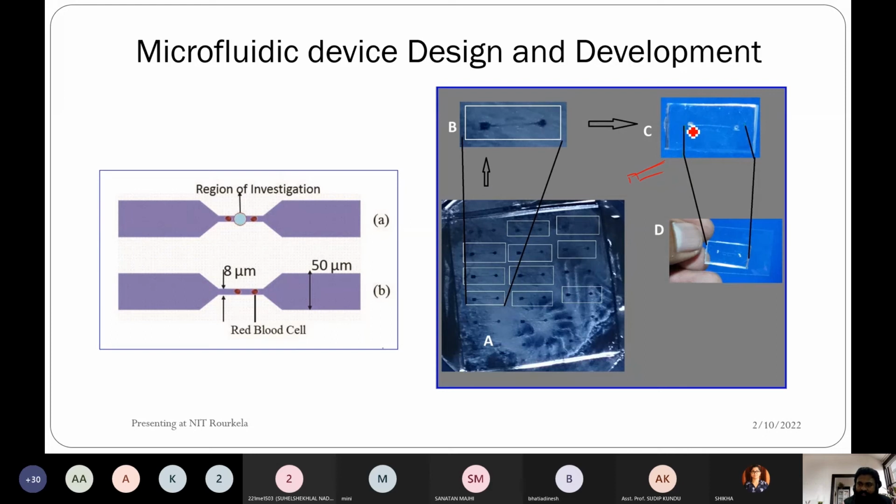After inserting the inlet and outlet, you have to bond it with the cover slip, so that the microchannels are covered fully. Then the sample can flow through this end and come out from the outlet. This is the process involved.